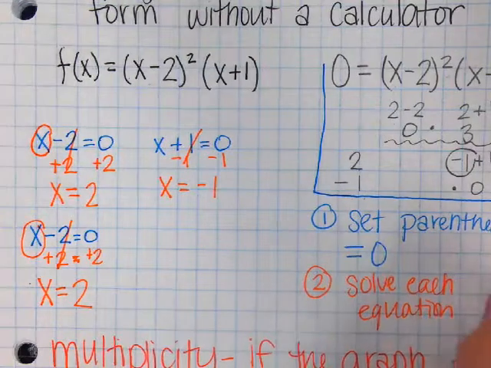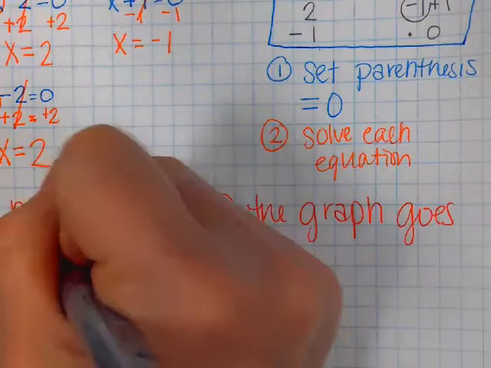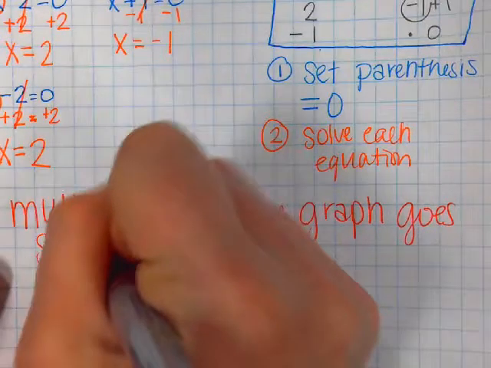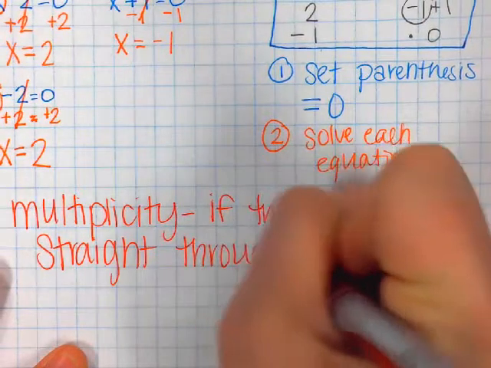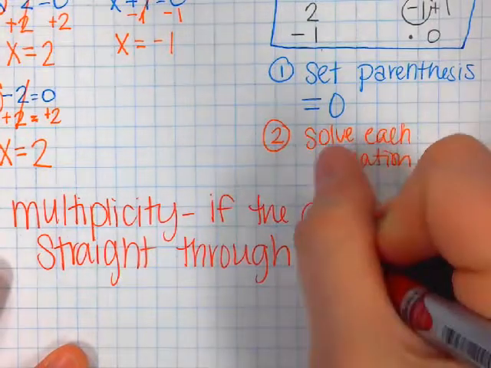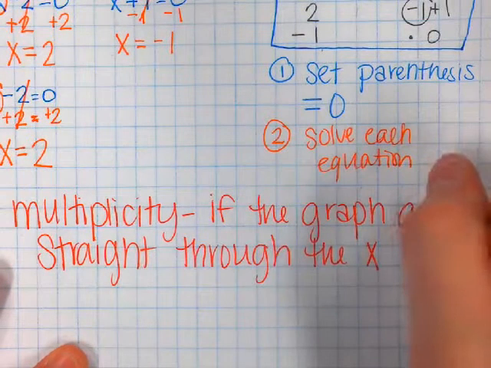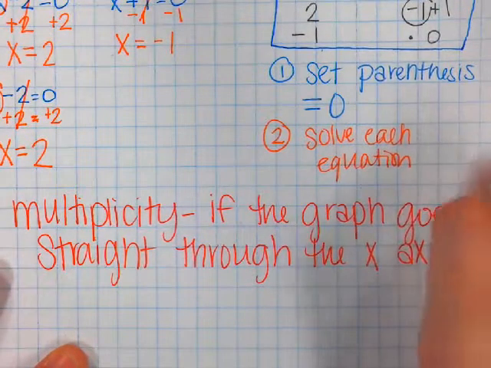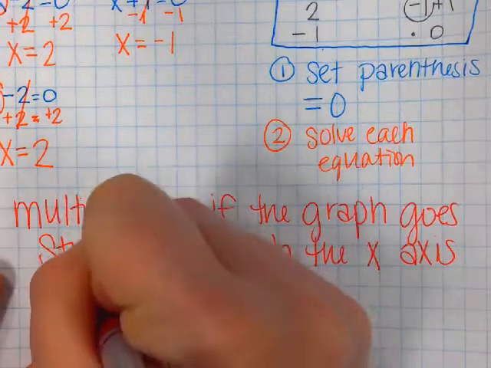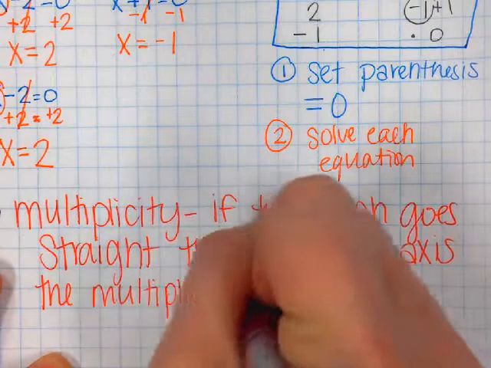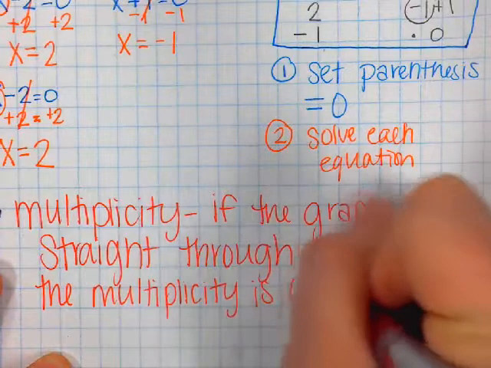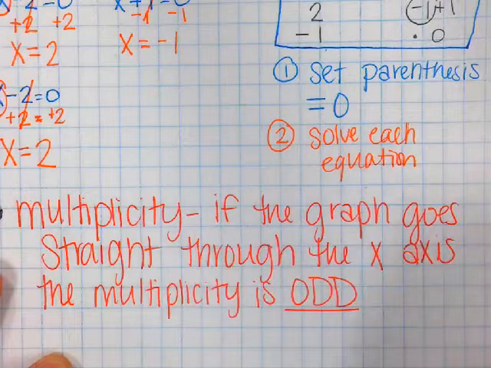Multiplicity. If the graph goes straight through the x-axis, the multiplicity is odd.